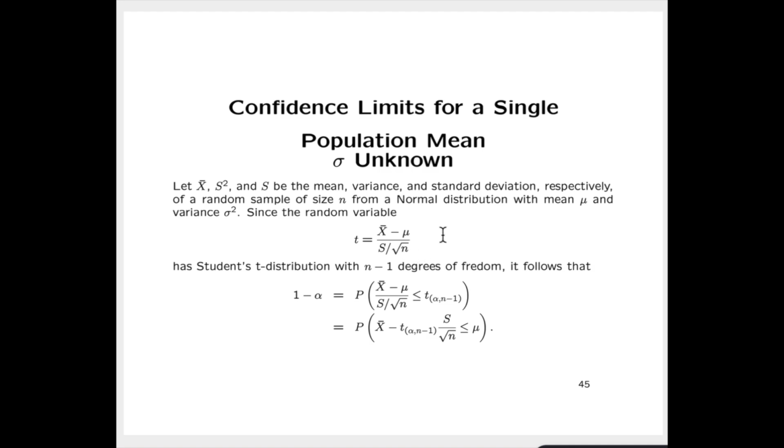We know, based on what we've looked at previously, that this random variable has Student's t-distribution with n-1 degrees of freedom.